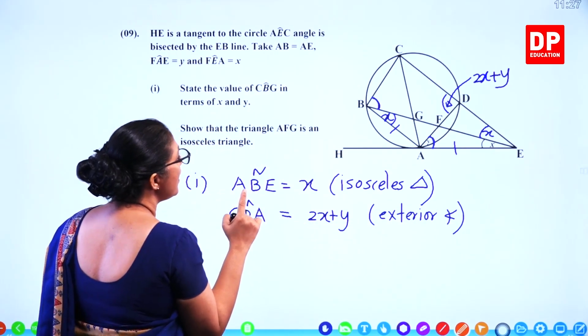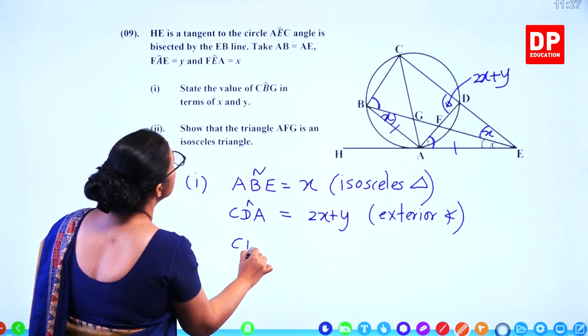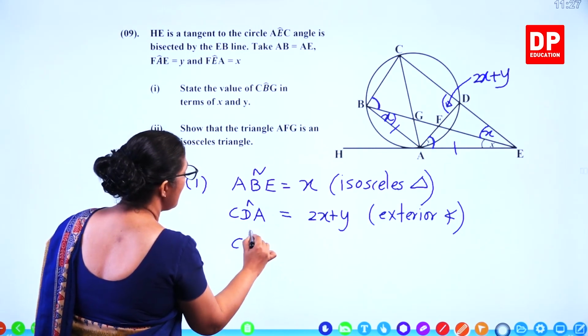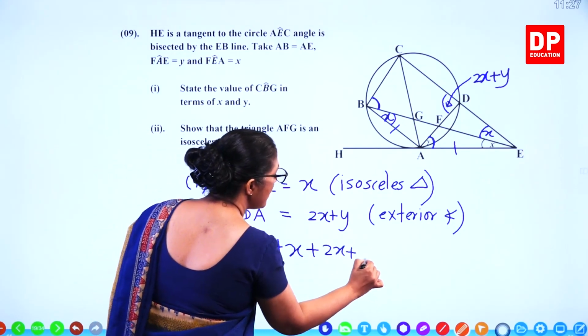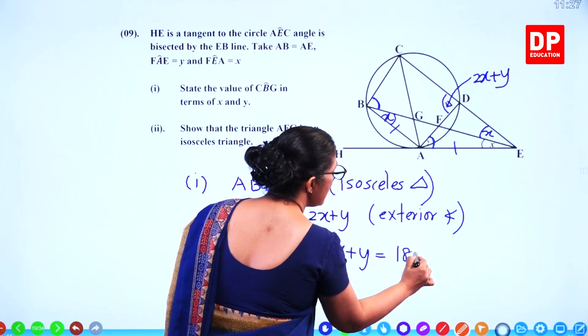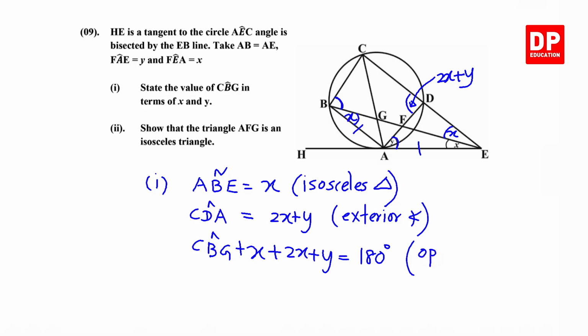Then we can write CBG angle plus x plus 2x plus y is equal to 180. Opposite angles of a cyclic quadrilateral.